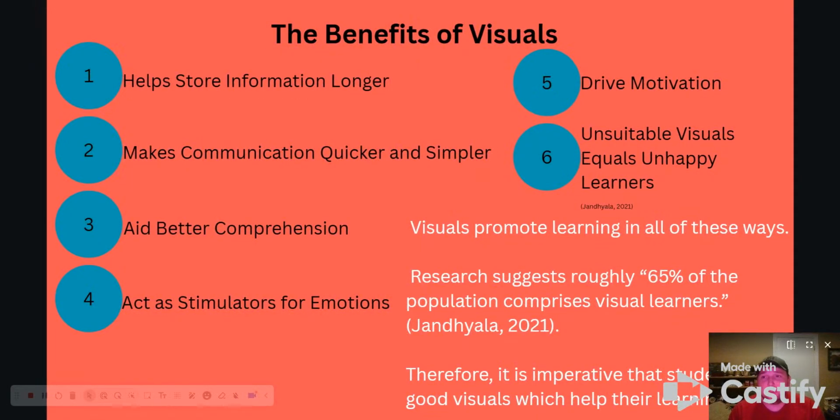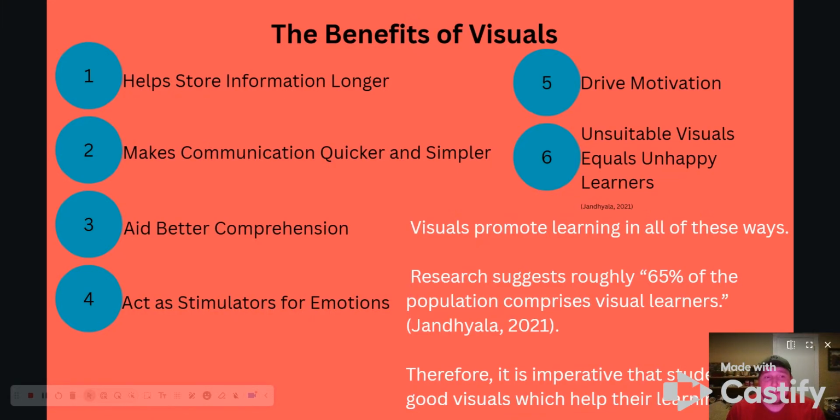Benefits of visuals. It helps store information longer. It makes communication quicker and simpler. It aids better comprehension. It acts as a stimulator for emotions. It drives motivation. And this is the kicker. This is the different one of these benefits.